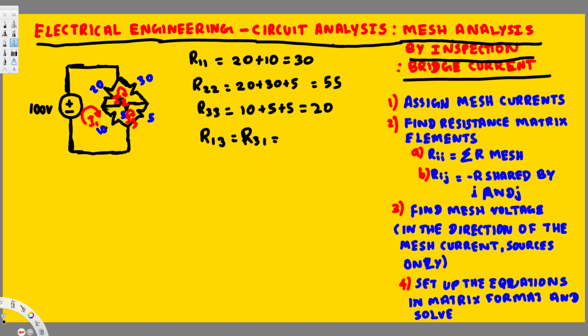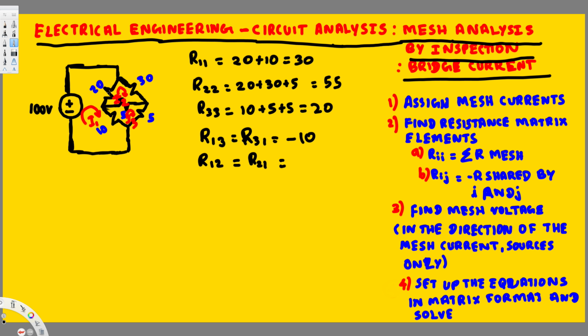We have to look at the resistance that's shared by both. And if you look at this 10 ohm is shared by both, right? Because I1 is going through this 10, I3 also going through this 10. So we have to put 10, but here we have to do one more step, that is we have to put a negative sign. And then I1 and I2 also sharing one resistance. So we have to put R12, and that's equal to R21.